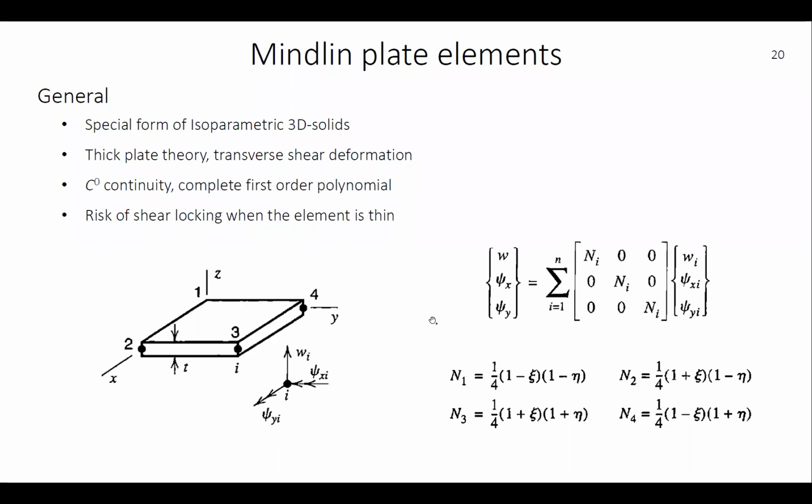And we can use the same shape functions as for plane elements. So these are the bilinear four-noded element shape functions, here defined in ξ and η, as we saw in the previous lecture for isoparametric formulations.